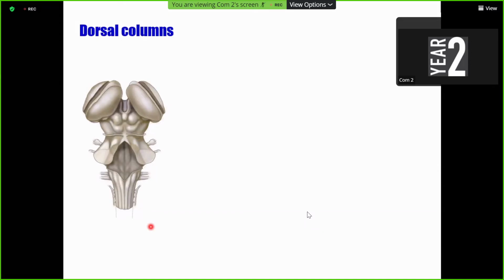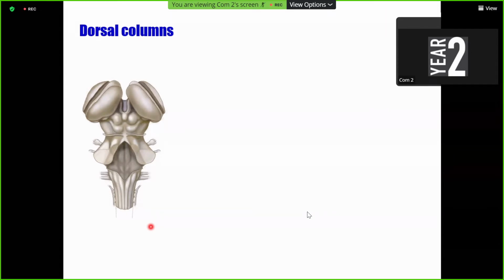Their axons cross the midline and then ascend in the contralateral white column. So this is the characteristic of the second order sensory neurons.